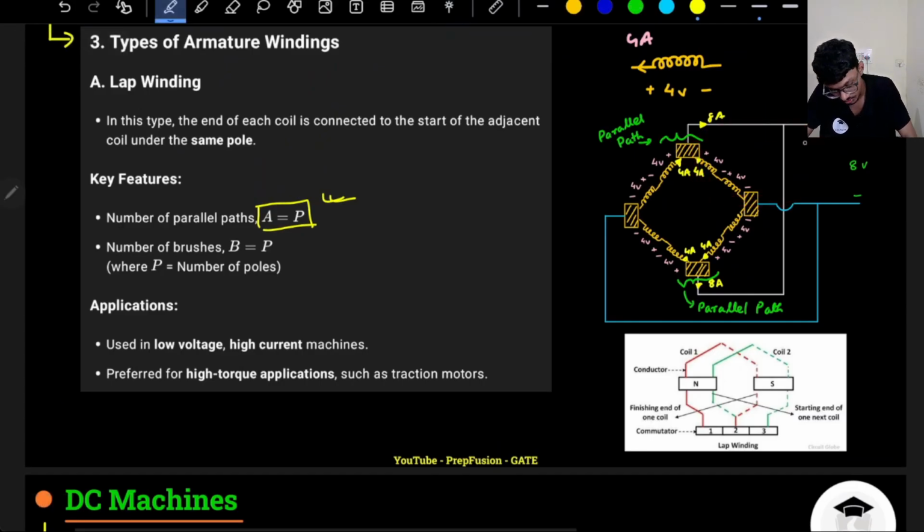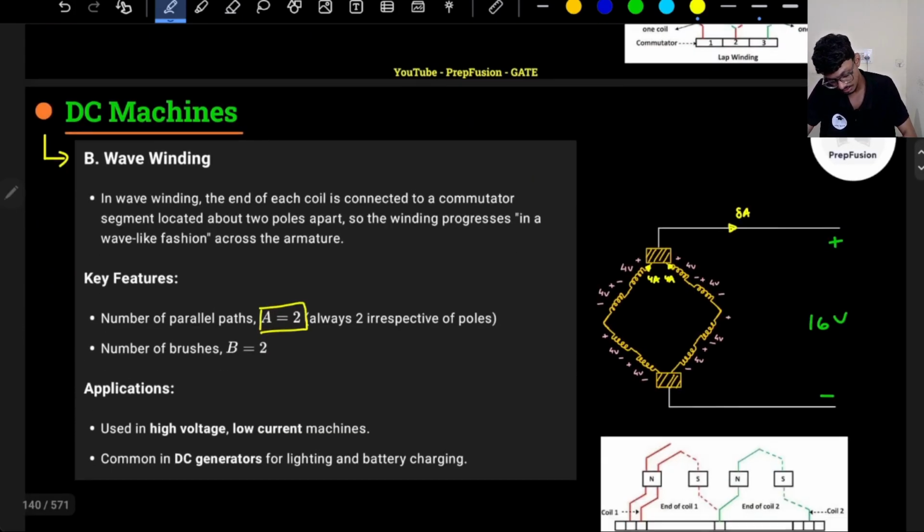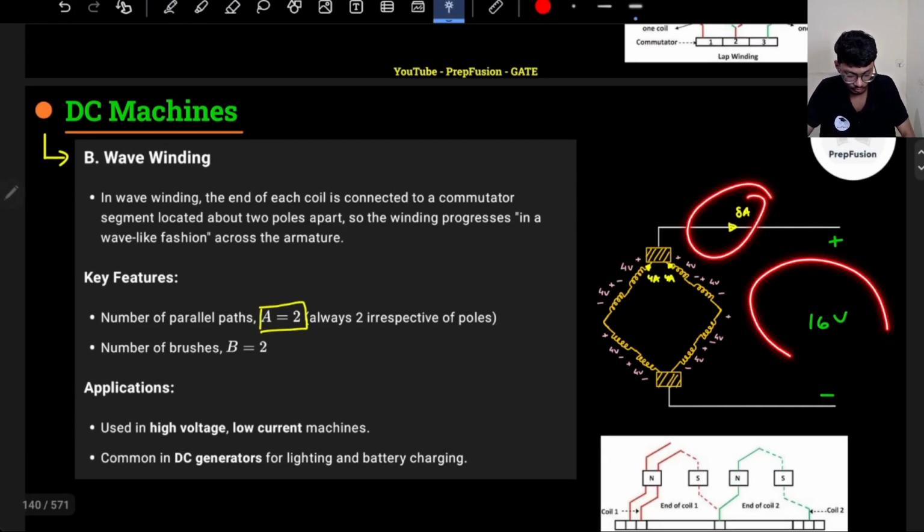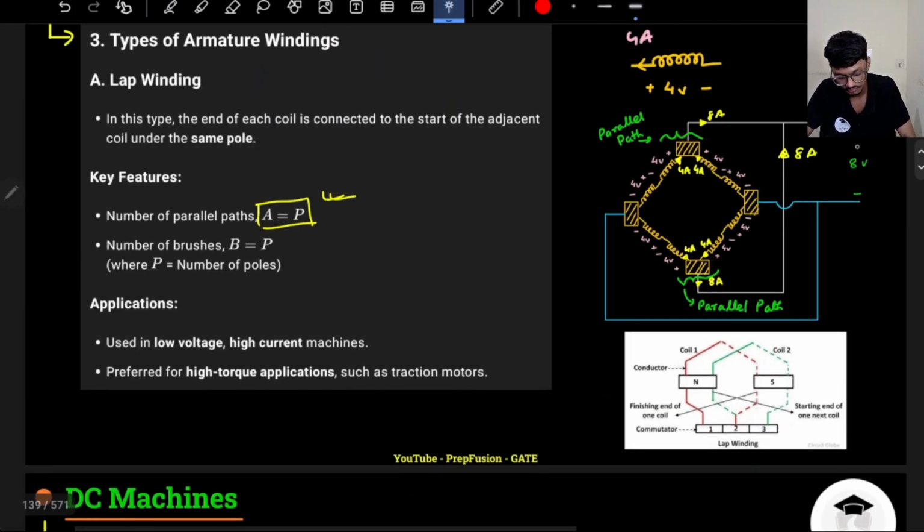What is the current? Here 8 amperes is coming, here also 8 amperes is coming. So overall the output is 16 amperes. Here the current is high and voltage is low.